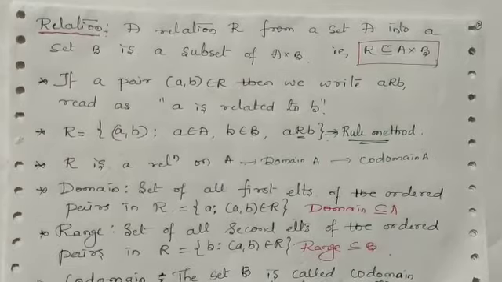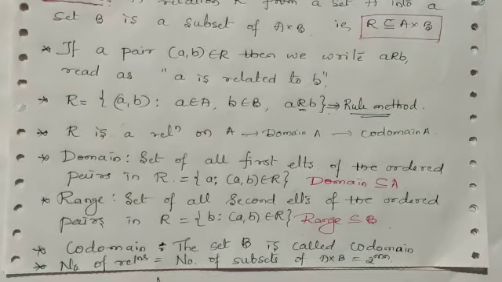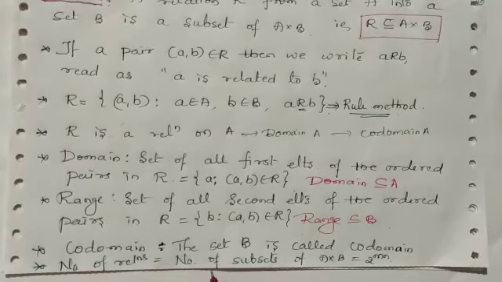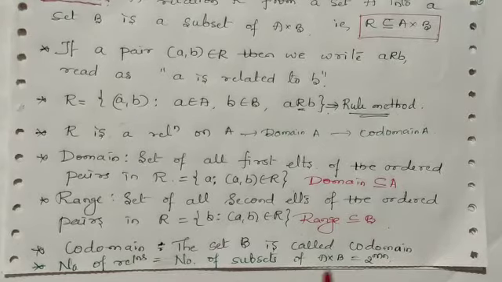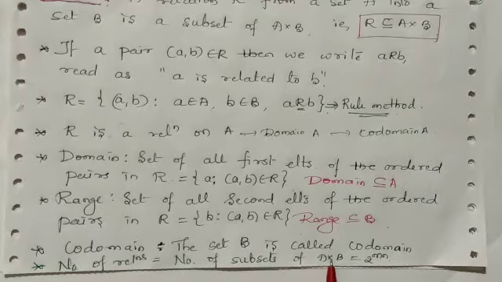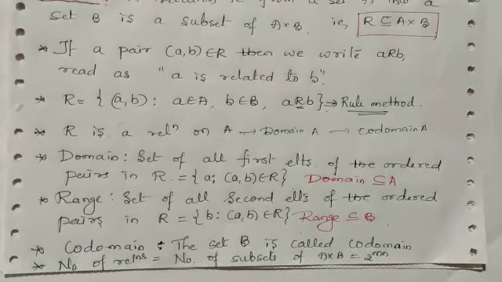Next, number of relations. Number of relations is nothing but the number of subsets of the Cartesian product. It is given by 2 raised to m into n. So it is a very important formula.